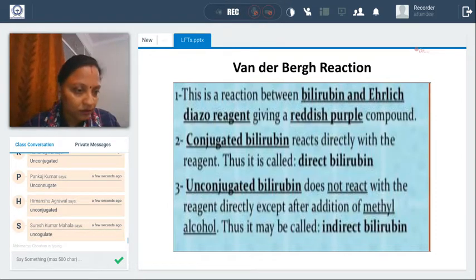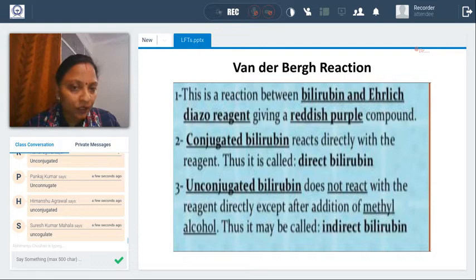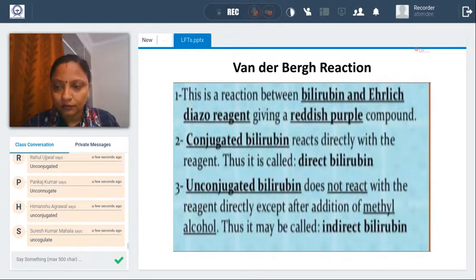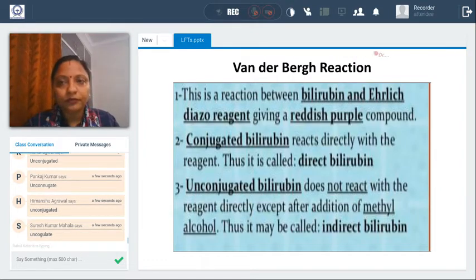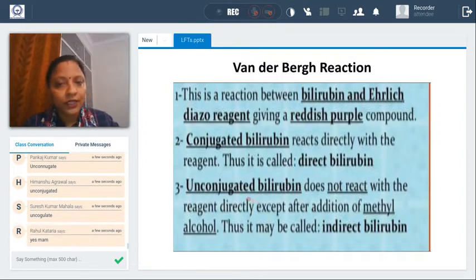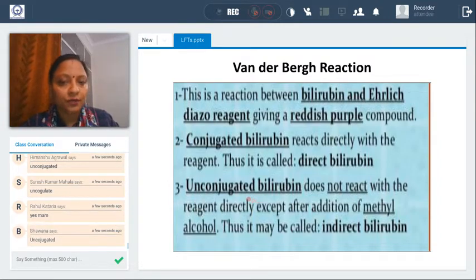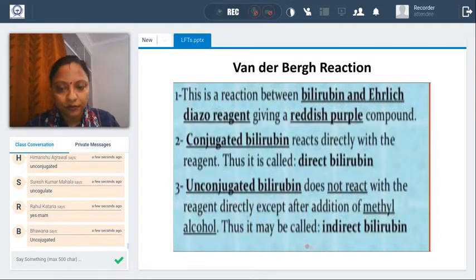Mohit, what is direct bilirubin? Rahul Kataria. Vinita. Yes, am I audible to you, Vinita? Okay. So, conjugated bilirubin is direct bilirubin and unconjugated bilirubin is indirect bilirubin.